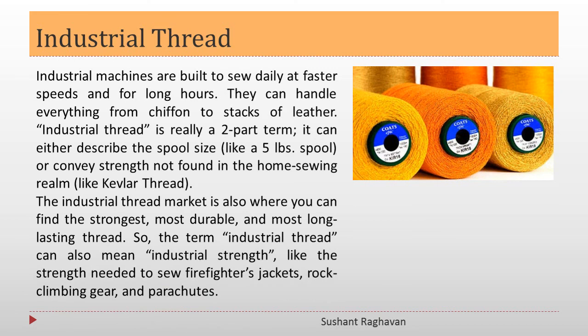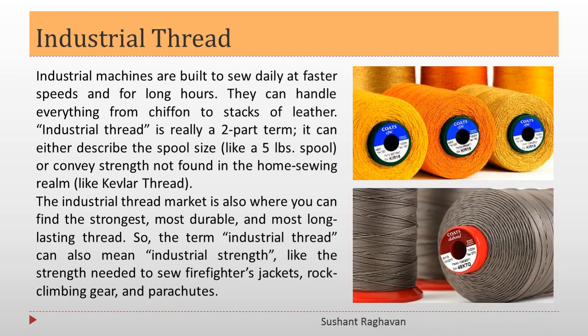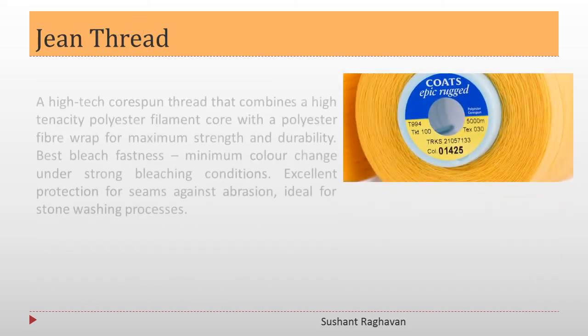The industrial thread market is also where you can find the strongest, most durable and most long-lasting thread. So the term industrial thread can also mean industrial strength, like the strength needed to sew firefighters' jackets, rock climbing gear and parachutes.